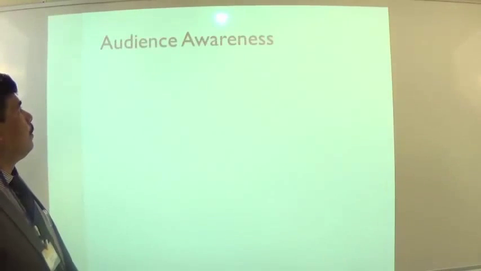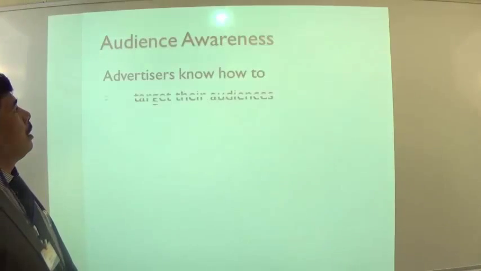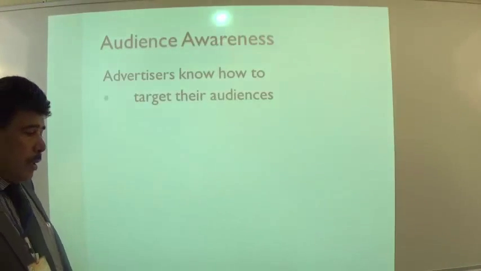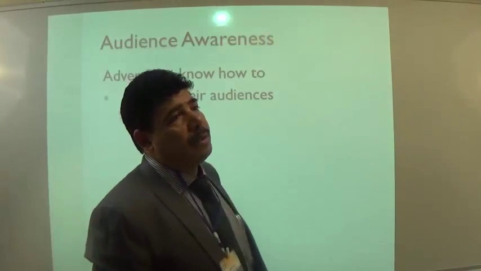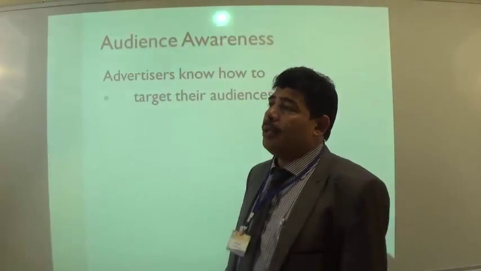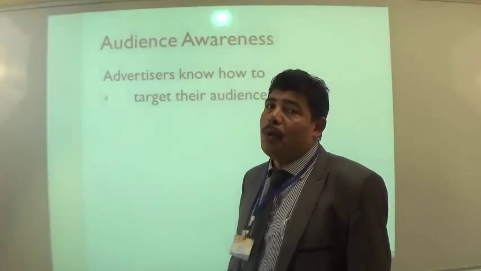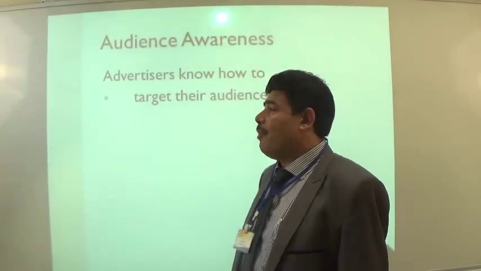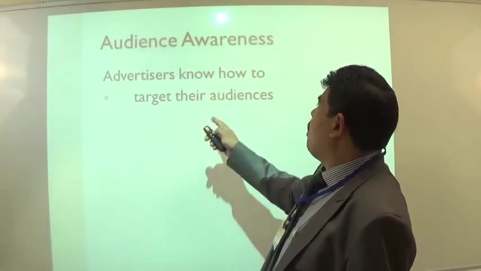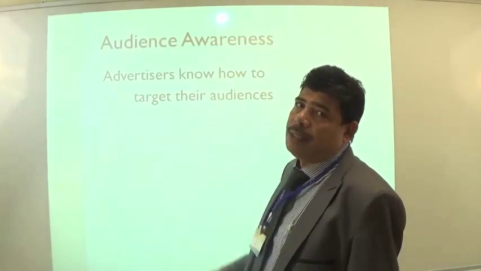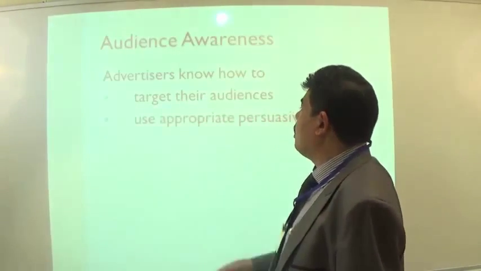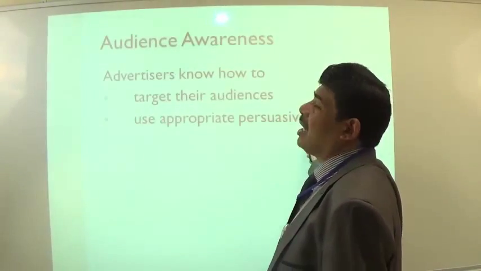Okay? Then, when you try to make an advertisement, you try to know who are the people you are making this advert for. Advertisers know how to target their audience. Okay, like this. Use appropriate persuasive technique.